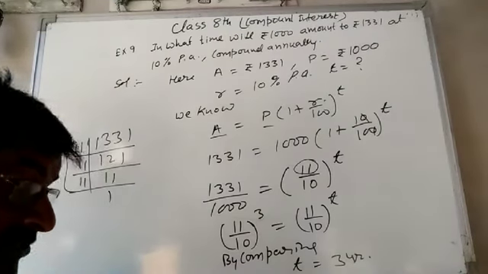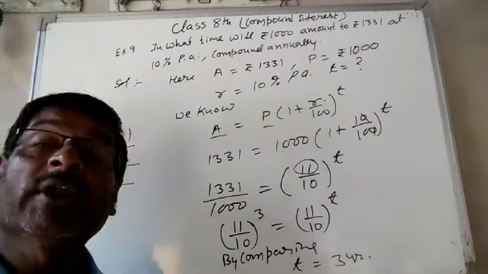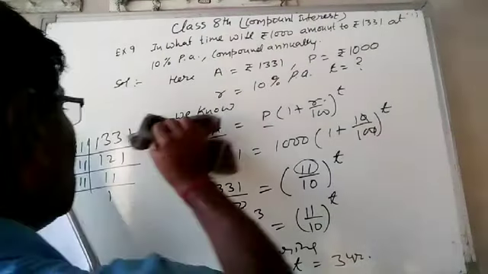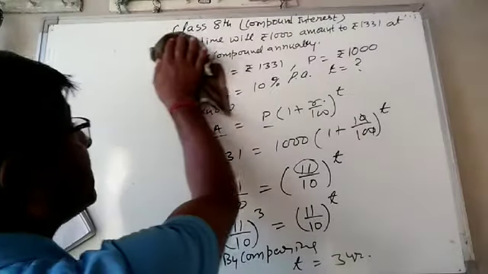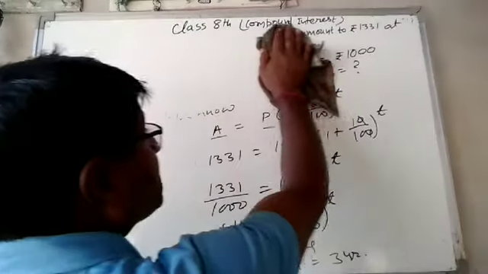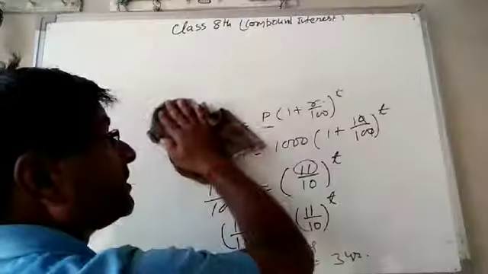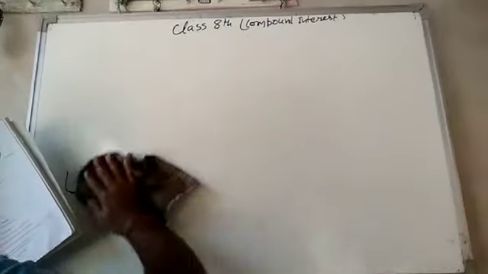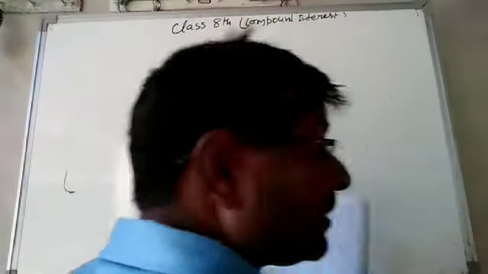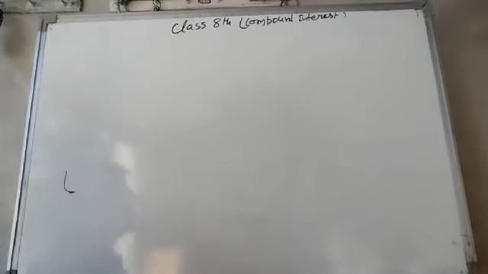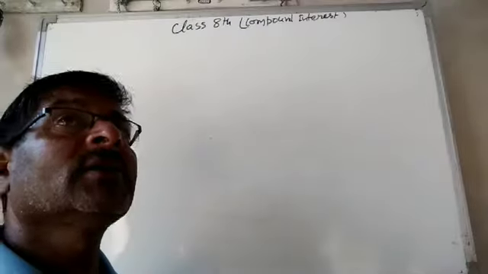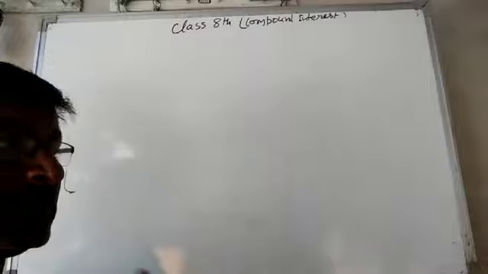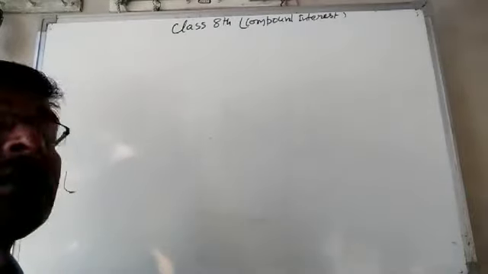Now some questions based on population. In case of population, only one change will be there. In questions based on population, the present population of the city or town works as the principal and the population after 1 year or 2 years works as the amount.